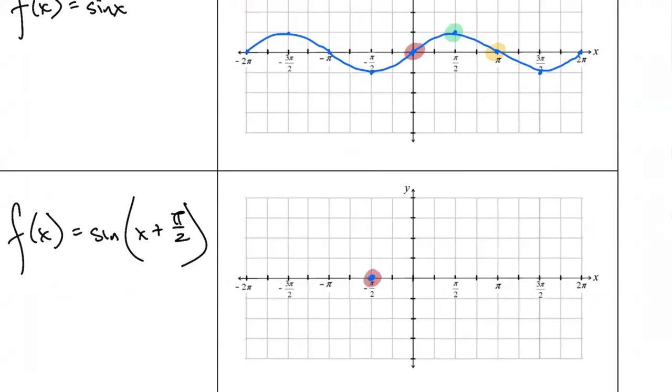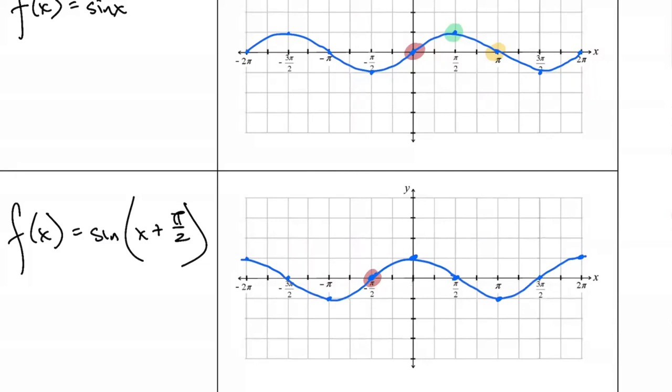I move the green point 2 to the left, and every point moves 2 to the left. If you know your pattern, it becomes a lot faster, like I just did.